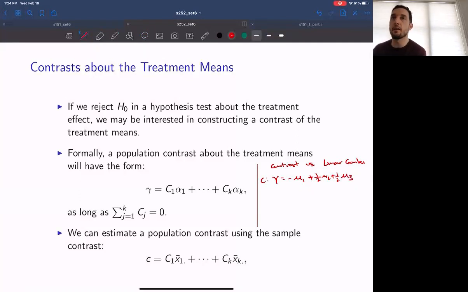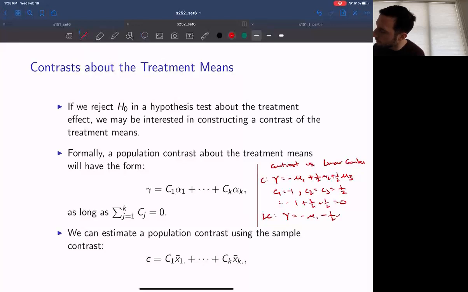This is a valid contrast because you have C1 equals -1, C2 equals C3 equals a half. Therefore, -1 plus 1/2 plus 1/2 equals 0. The linear combination could be gamma equals -μ1 plus 1/2 μ2 plus 1/2 μ3.